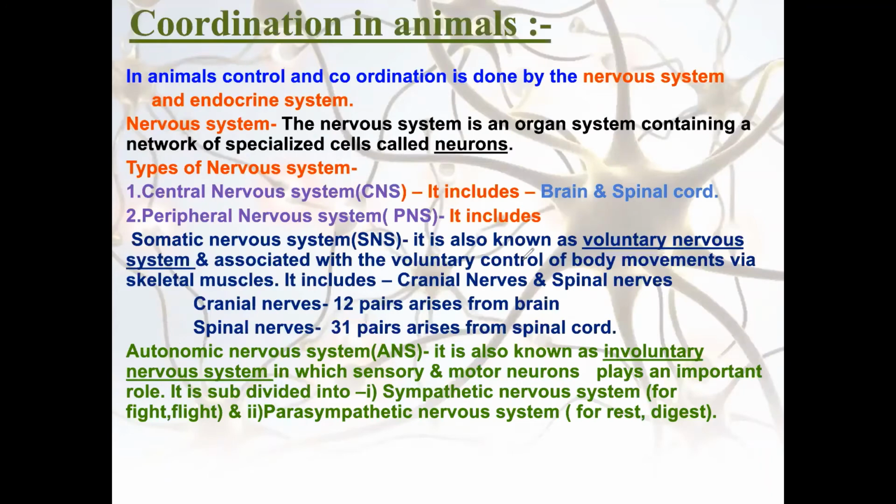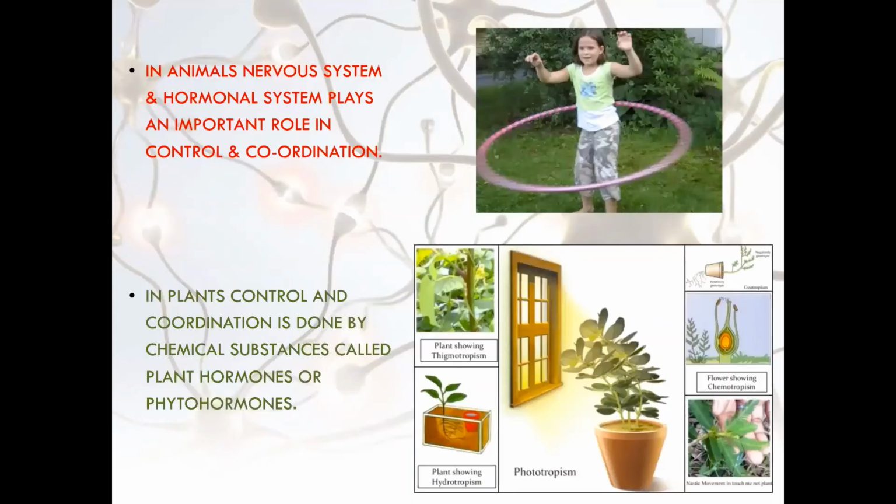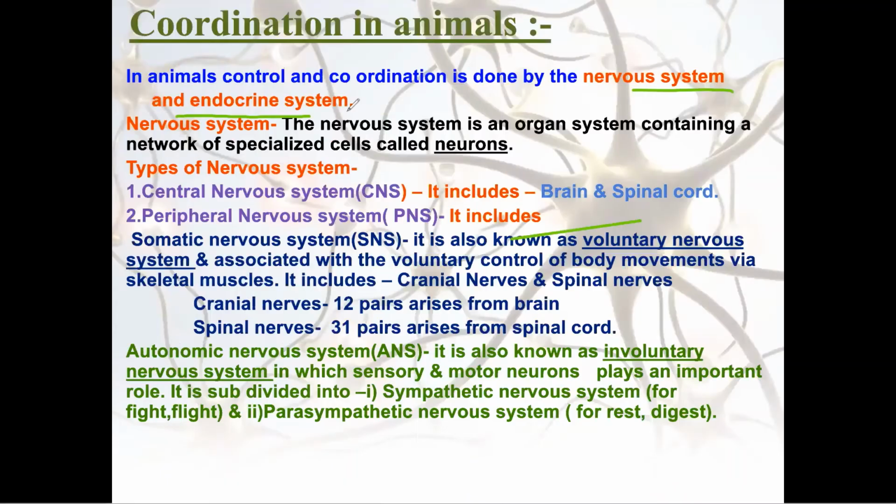Let's see now coordination and control. In animals, control and coordination is done by the nervous system and endocrine system. The nervous system is an organ system that contains special neurons that we have learned in grade 9.